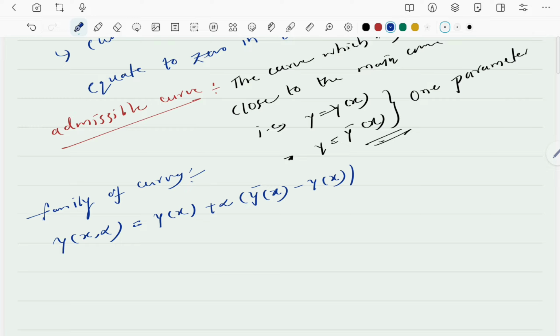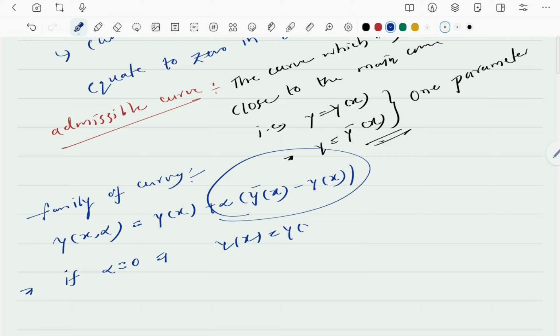If we substitute alpha is equal to 0 in the family of curves, then the equation becomes y of x comma 0 is equal to y of x. If alpha is equal to 1, substituting alpha is equal to 1 in the family of curves, we get y of x comma alpha is equal to y of x plus y bar of x minus y of x.